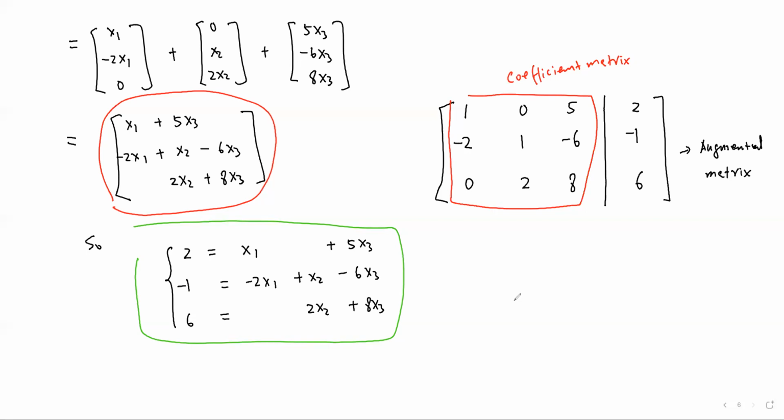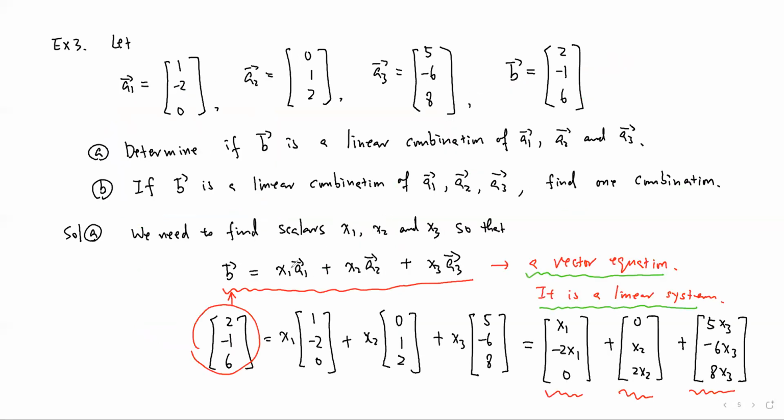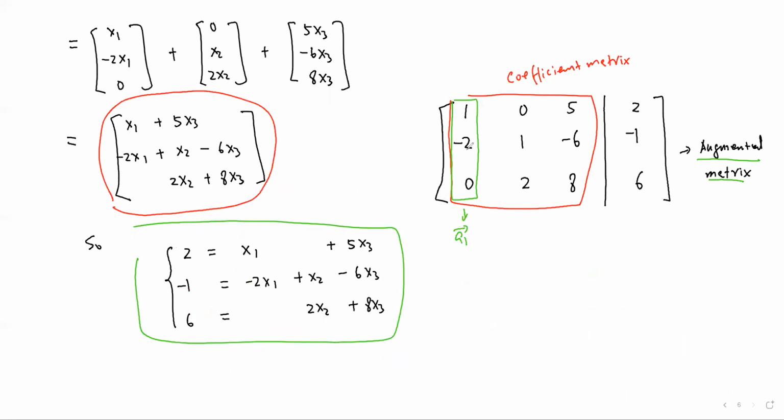Before I solve the linear system, let me point something important out. The first column of this augmented matrix actually is vector A1. What is vector A1 here? Vector A1 is 1, -2, 0.